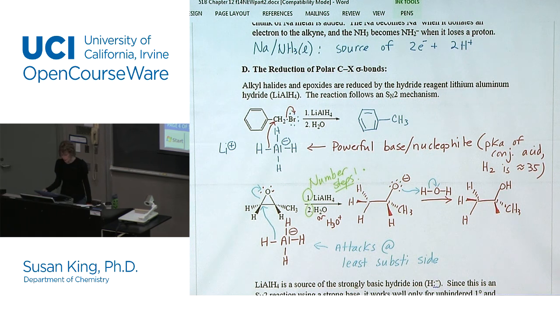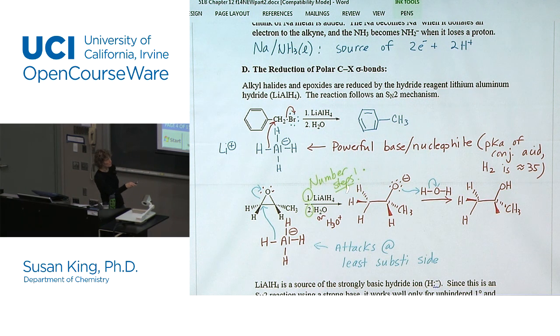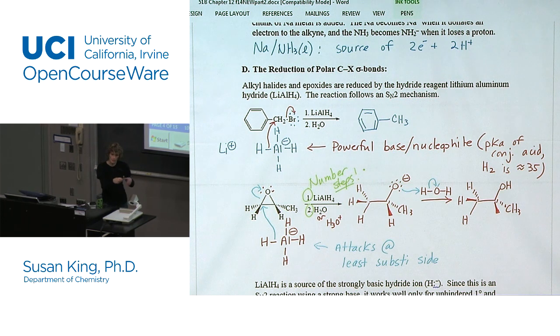When you do this reaction, you do the lithium aluminum hydride, you let the first reactant run its course. Once we get everything converted into this, you plop that reaction vessel into an ice bath. You let it cool till it's very, very cold. You cautiously add a drop of water, and you'll see hydrogen gas coming out, a very violent reaction. You wait till that cools off, stops, and then you add another drop cautiously.